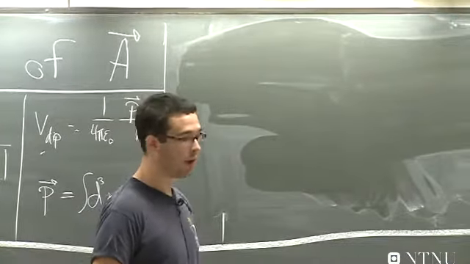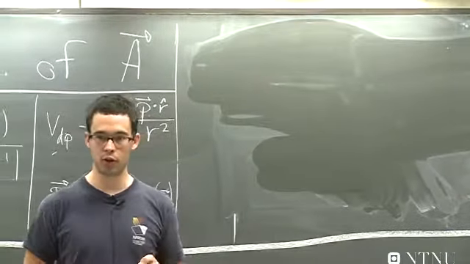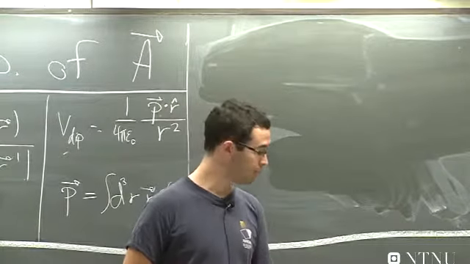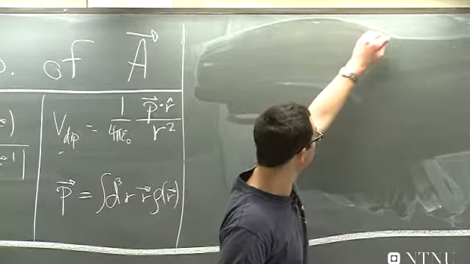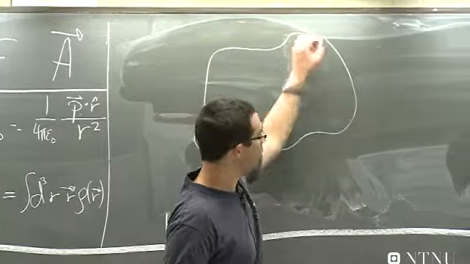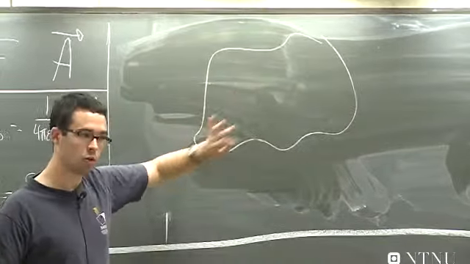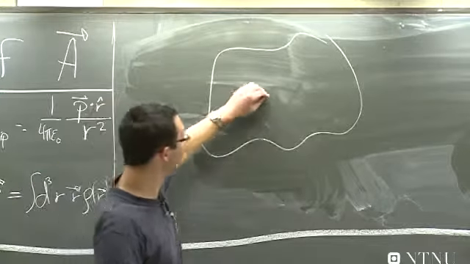Let's say you have a loop of current running around inside a plane. Let's say like this. I put some wire onto the blackboard. It's stuck to a plane. It's completely flat.